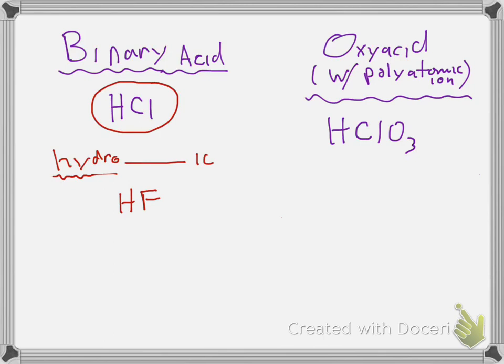It does not have hydro in there. Instead, whatever the polyatomic ion you have, all you do is change the ending of it to a different ending. For example, if the ending of the polyatomic ion is ate, you change it to ic.